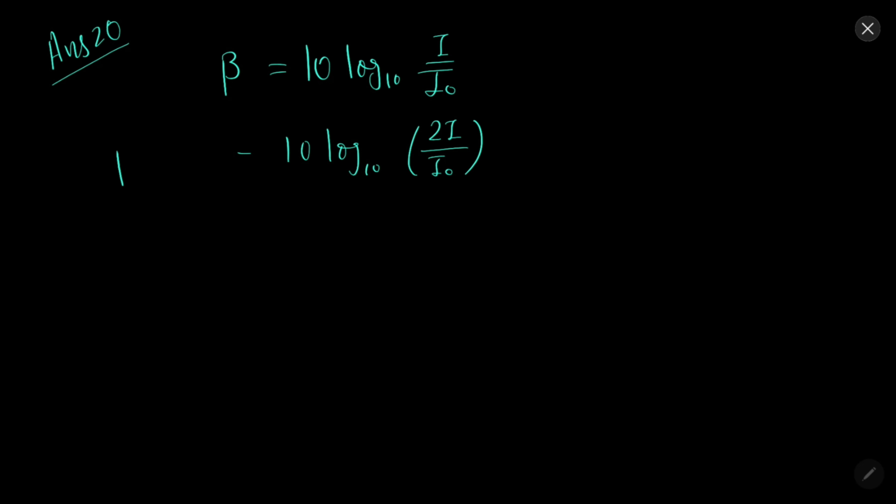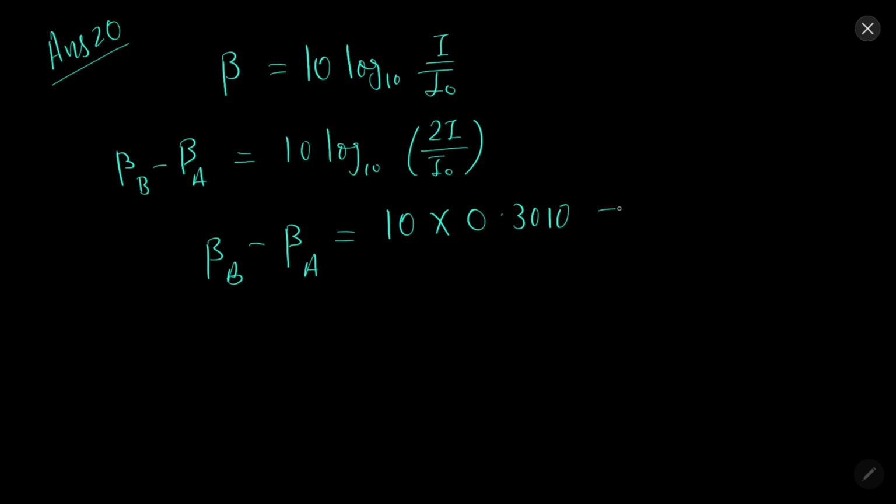So from this, beta B minus beta A will come out to be 10 into 0.3010, which will give us 3 decibels.